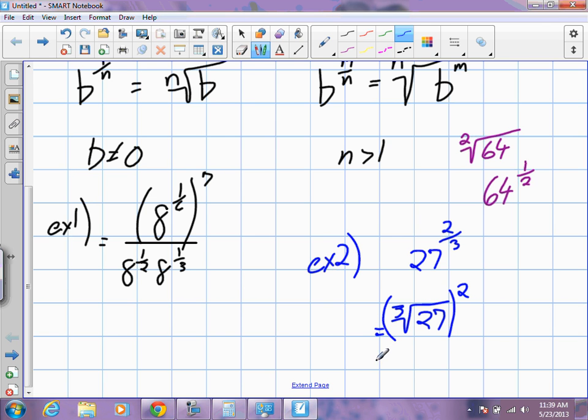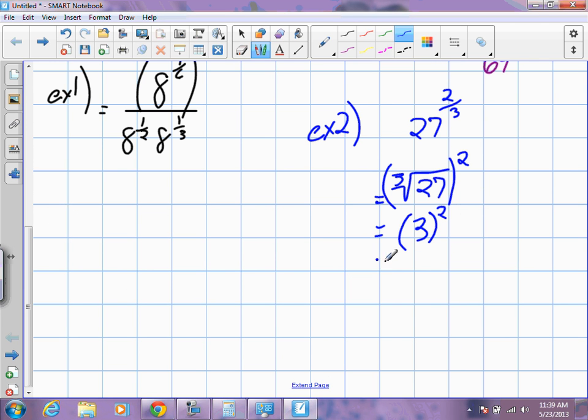Does anyone know what number times itself 3 times equals 27? 3. 3 is the third root of 27. So that leaves us with the value of 3 squared. Now, 3 squared is equal to 9. So we've just evaluated a base that is to a fractional exponent.